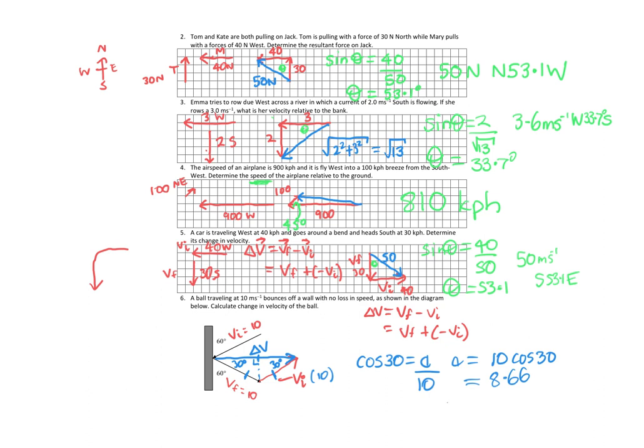And then the change in velocity is basically equal to 2 times that. So 2 times 8.66 is equal to 17.3 metres per second.